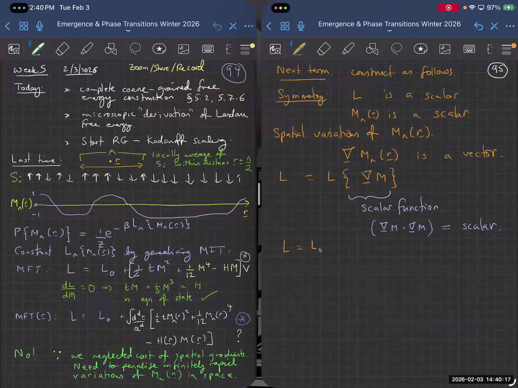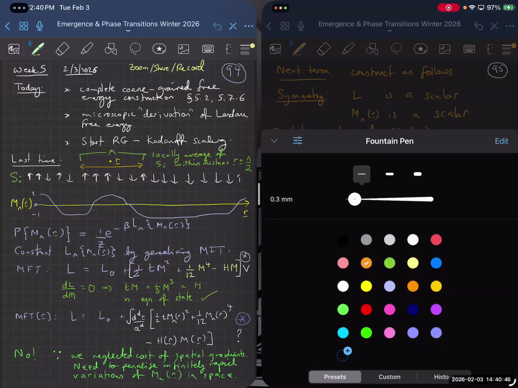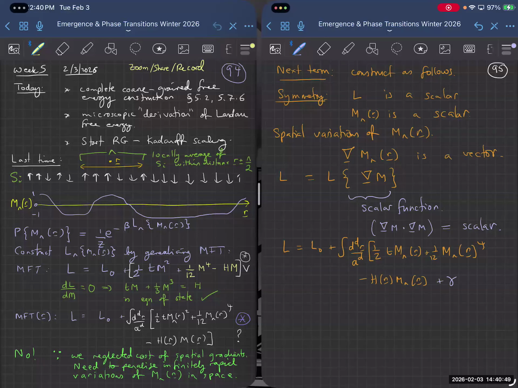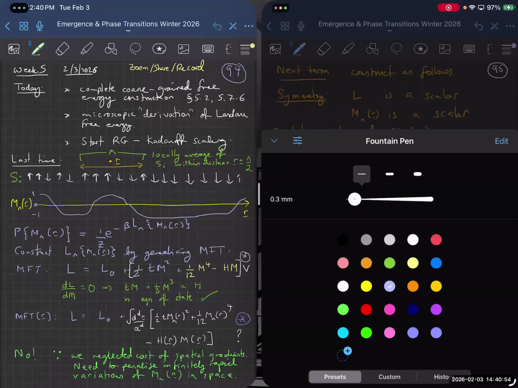L is some constant, and now I've got the integral d^d r over lattice spacing to the d, and then I've got 1/2 t m lambda of r squared plus, in this example, it turns out to be 1/12 m to the fourth, then minus h of r m lambda of r, and then the new term is going to be something that is proportional to grad m squared.